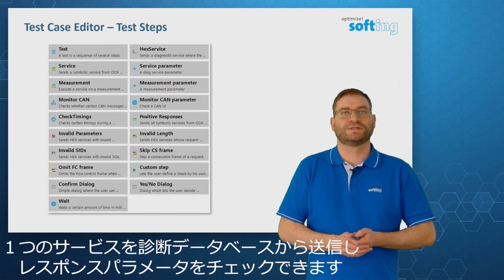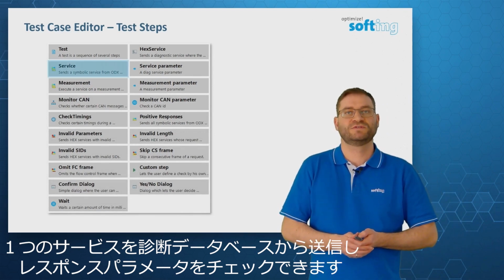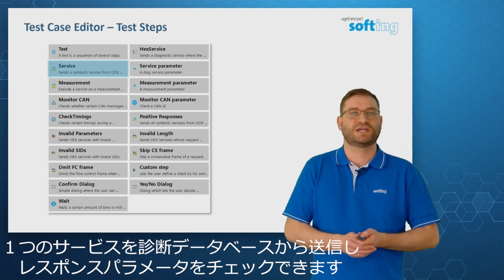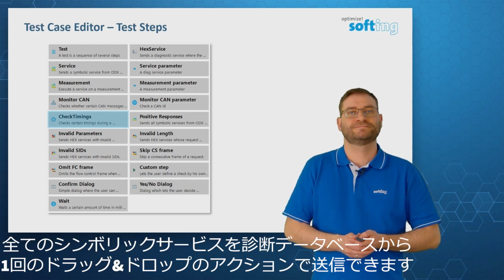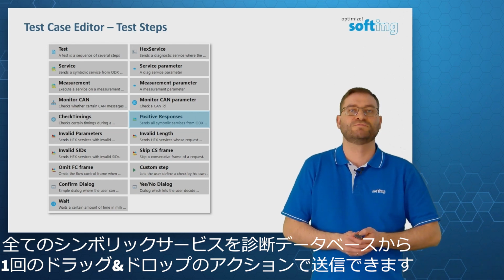It is possible to send single services from the diagnostic database and check the response parameters. We can check the timings. It is even possible to send all symbolic services from a diagnostic database by just one drag and drop action.